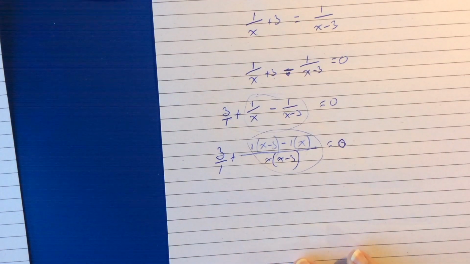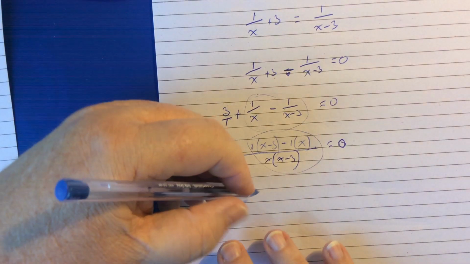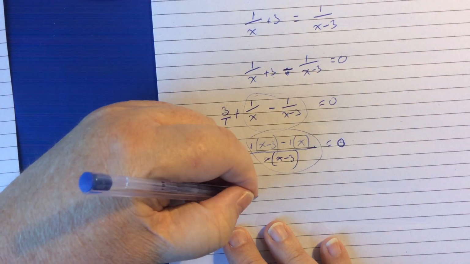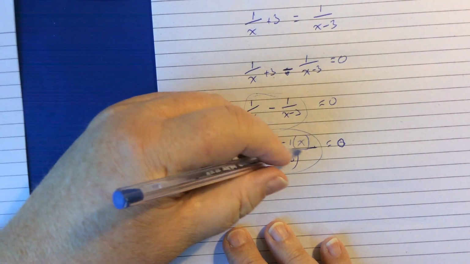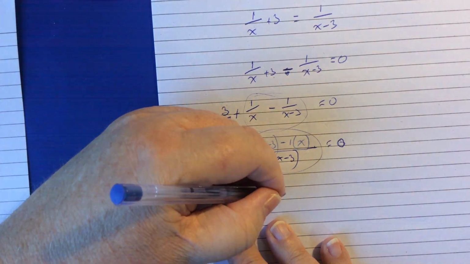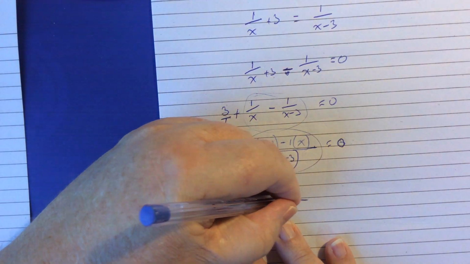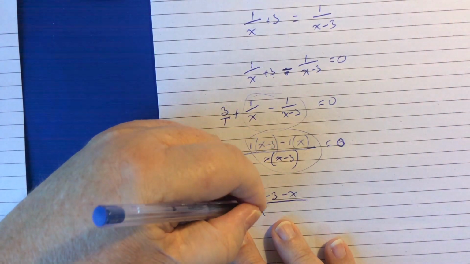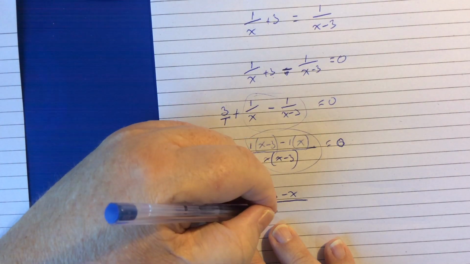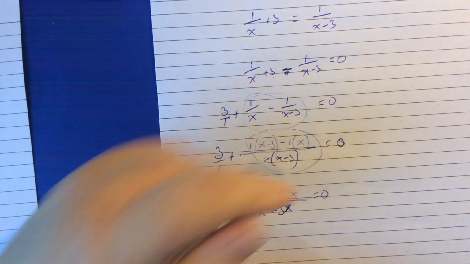Okay, so there's a bit of work in this, but if you're methodical, everything will turn out okay. So 3 plus this works out to be x minus 3 minus x all over x squared minus 3x, and that all equals 0.